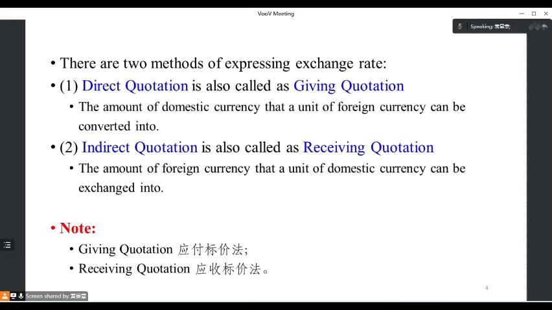Give an example. In China, we can say $1 equals 7 Chinese yuan. In this method, we can say direct quotation.